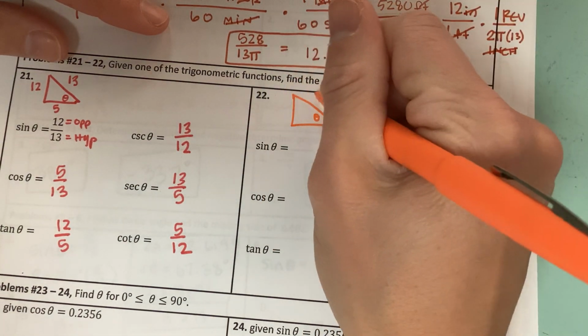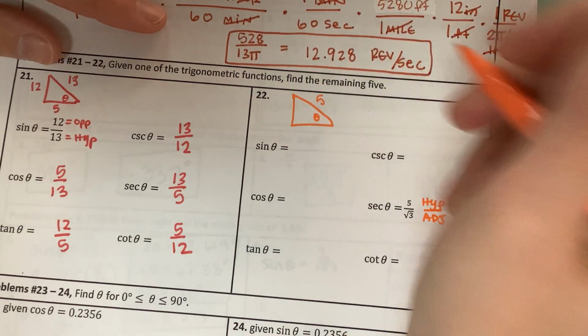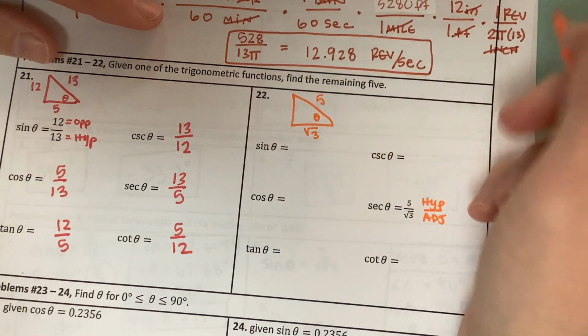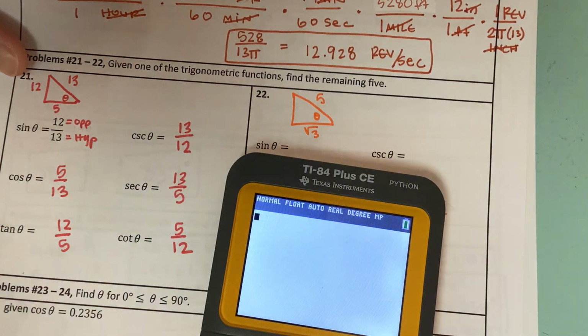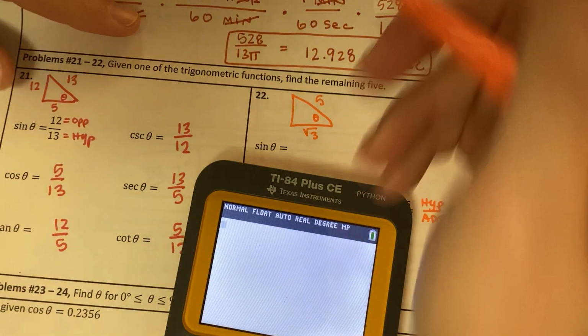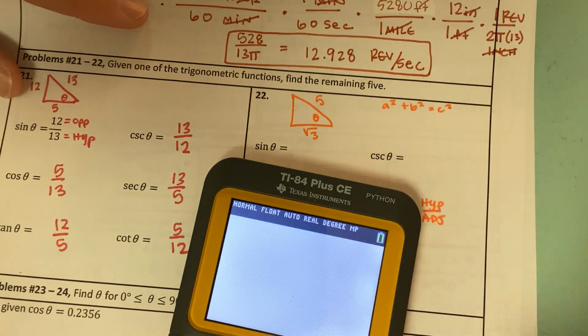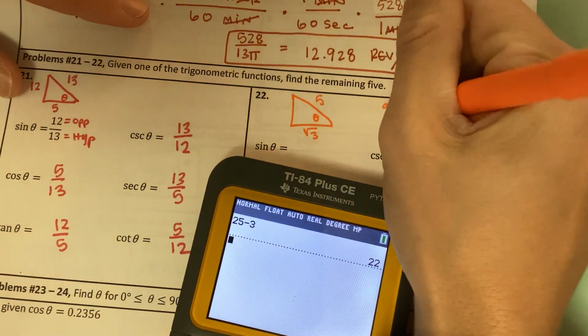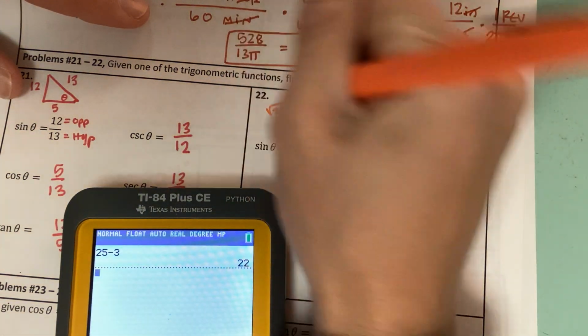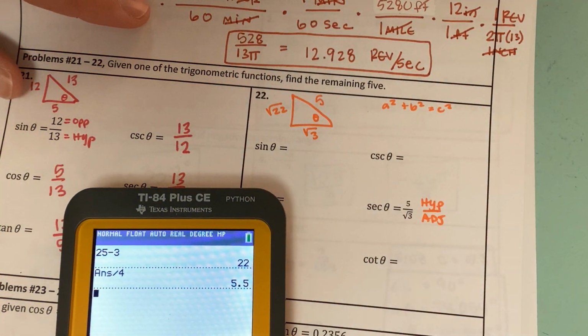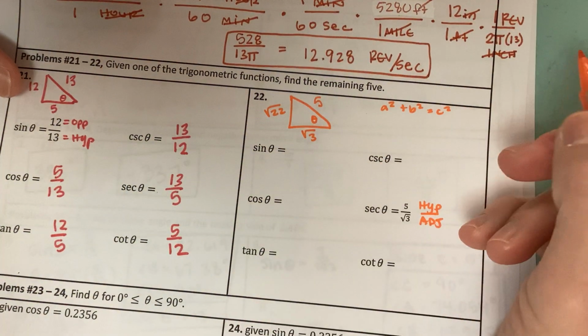The hypotenuse is 5, the adjacent side is the square root of 3. To figure out the other side, we use a squared plus b squared equals c squared. C squared is 25, minus 3. So the other side is the square root of 22, which I don't think you can break down. Nope.